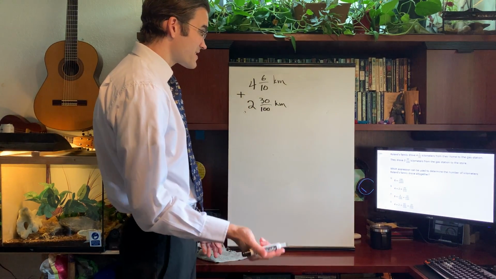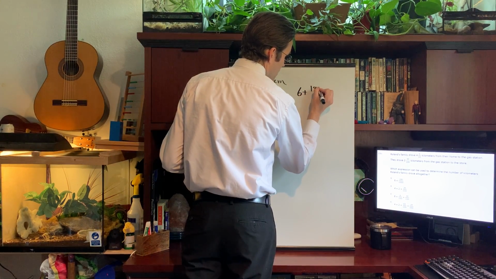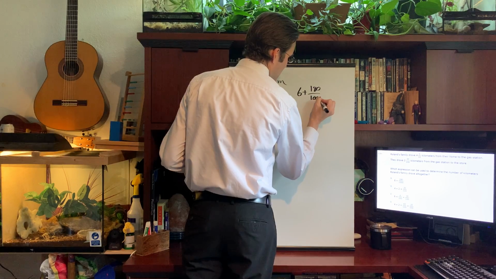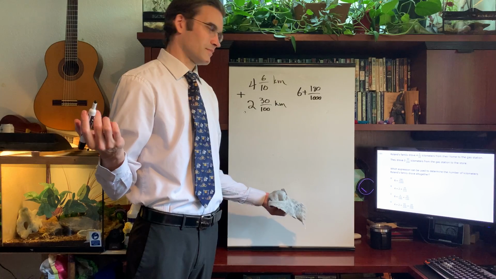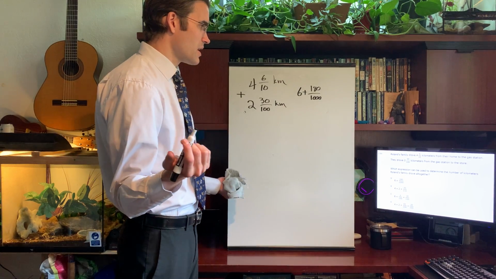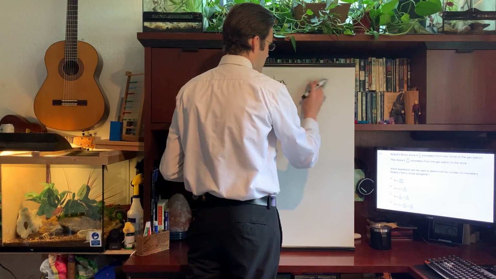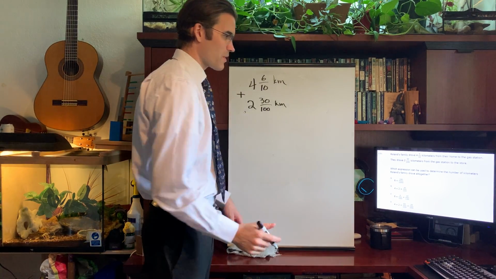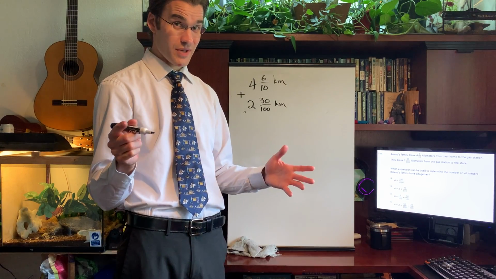So the first one is 6 plus 180 over 1,000. That doesn't make much sense, okay? Does that? No. That doesn't pass the logic test. What they did on that one is they multiplied the denominators, 10 times 100.